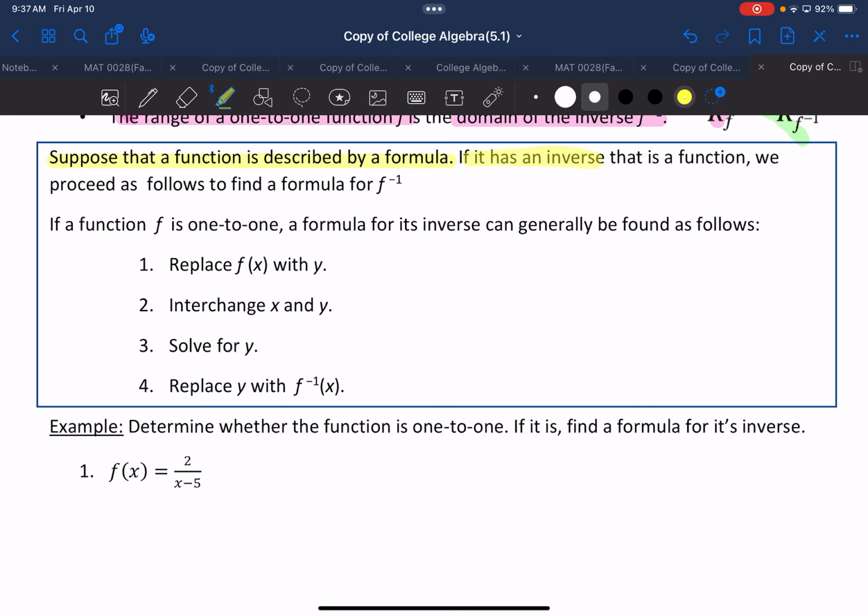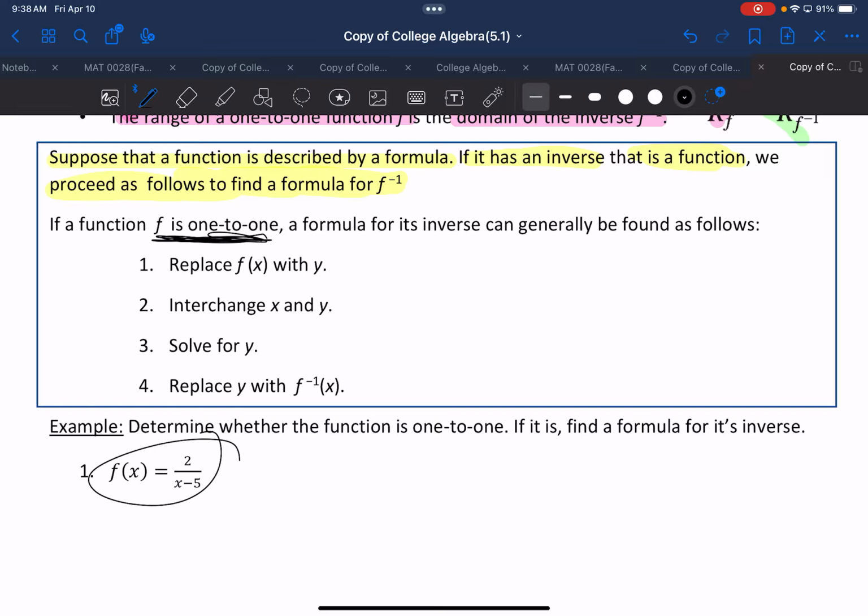If it has an inverse that is a function, then we will proceed as follows to find the formula for its inverse. Okay. So really the first step, and you'll see this on Pearson with all these questions, is it'll first ask you, is this function one-to-one? So that's kind of like the first step, really.